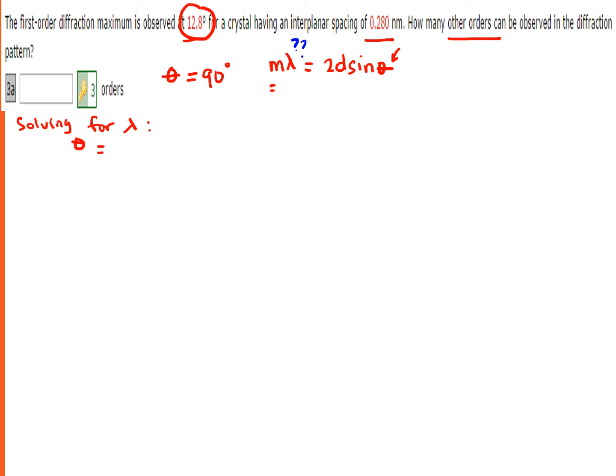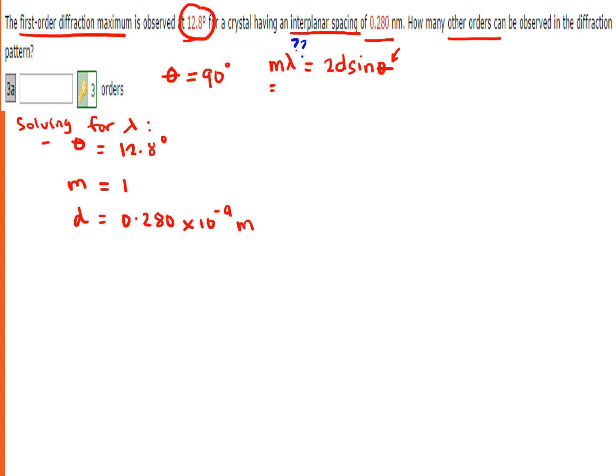Theta is equal to 12.8 degrees. Also, it is first order diffraction, so therefore m is equal to 1, and we have the interplanar spacing, that is d, equal to 0.280 times 10 to the power of negative 9 meters.